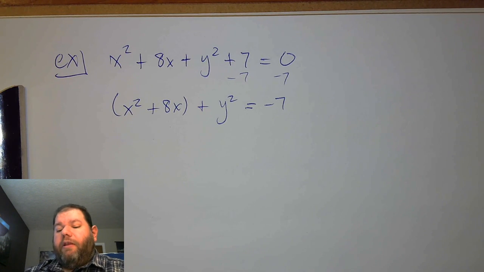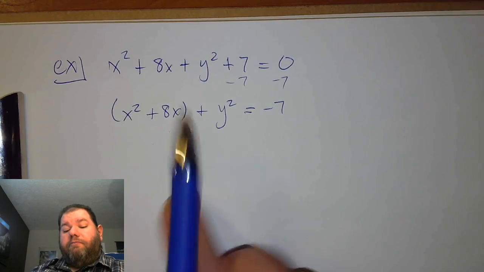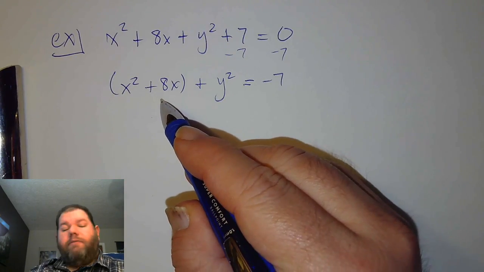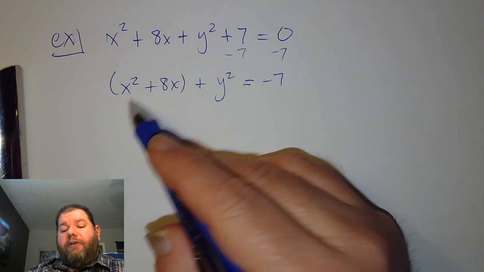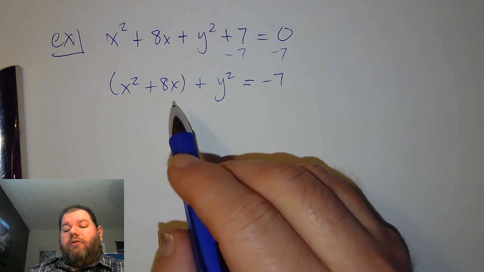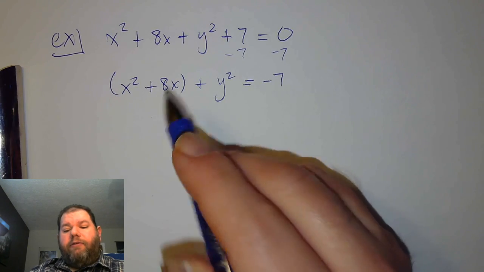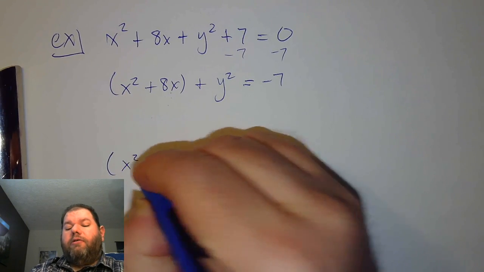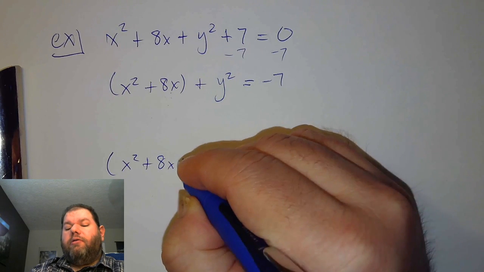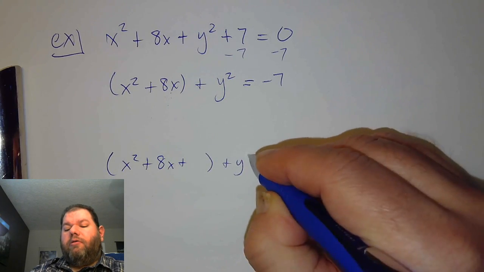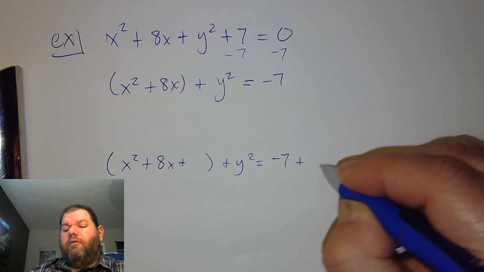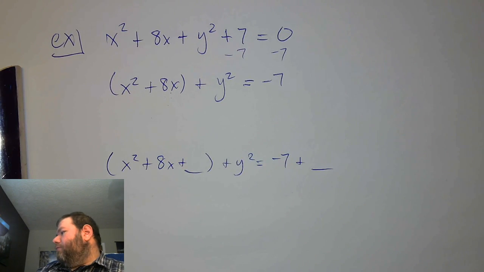Now we still need to mess with our first set of parentheses, x squared plus 8x. So what number are we going to have to add to that to complete the square? 16.